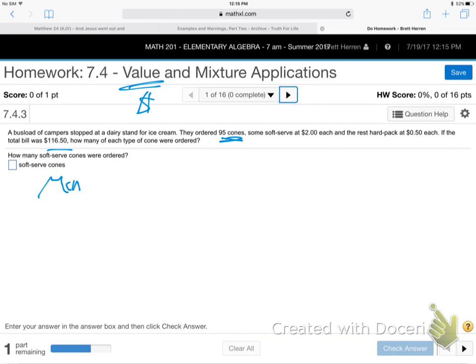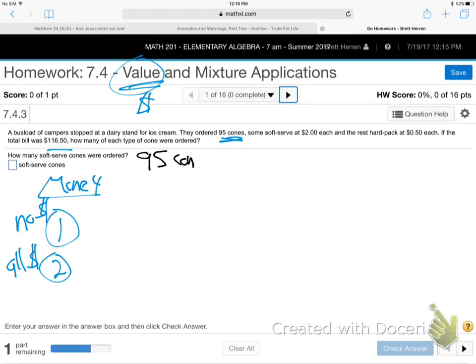So for all money, also called value, word problems, you have one equation that'll have no money in it at all, and the second equation that's all about money. You basically separate out no money and money. So let me write down for you the crucial facts of this problem. There's 95 cones.